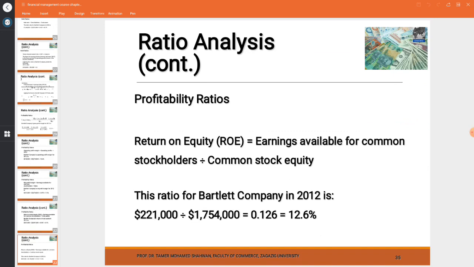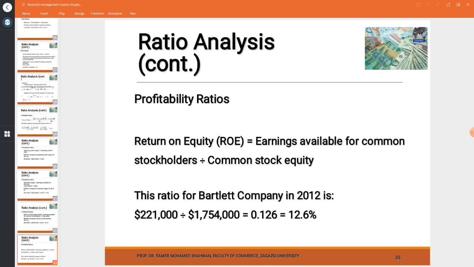As you see, the percentage of the return on equity is always higher than the percentage of the return on assets. Why? Because in the return on equity, we only divide by the equity size, but in the return on assets, we divide by the total assets, which is more than the equity.